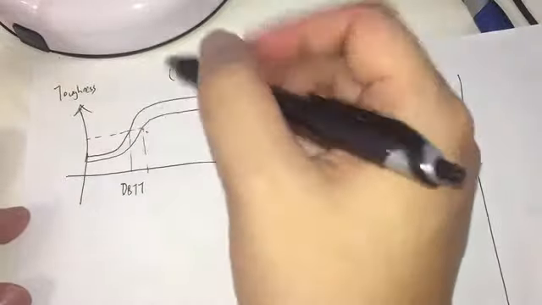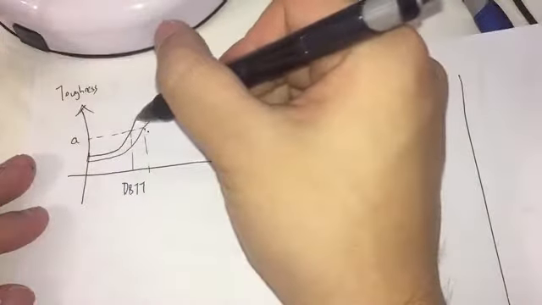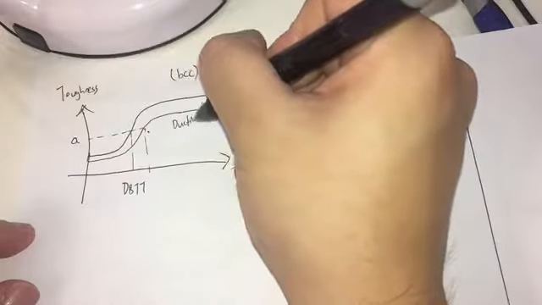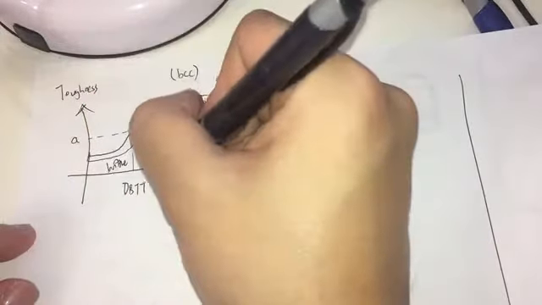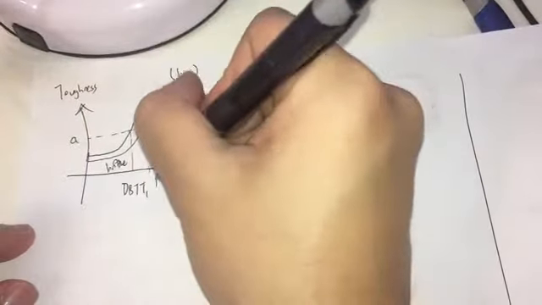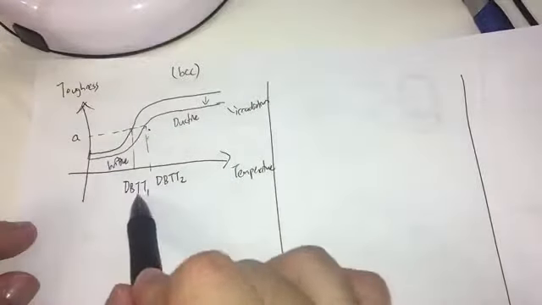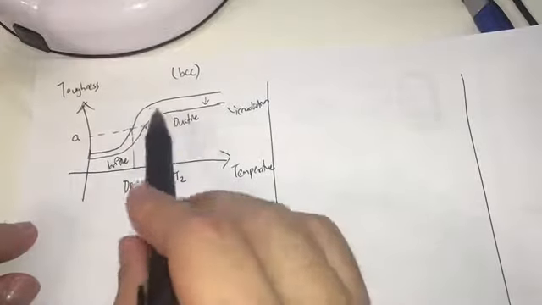If this is the toughness A at which we consider that the ductile regime transits into the brittle regime, you can see that the ductile to brittle transition temperature increases. This one represents the unirradiated sample, and this one represents the irradiated sample.